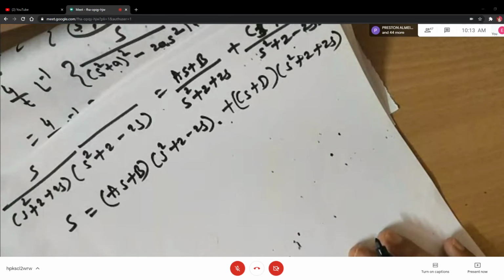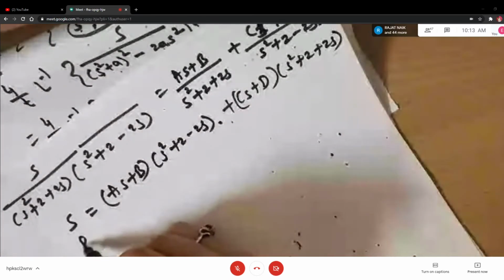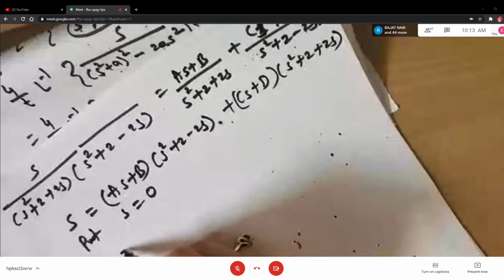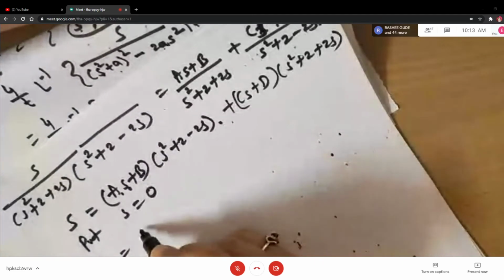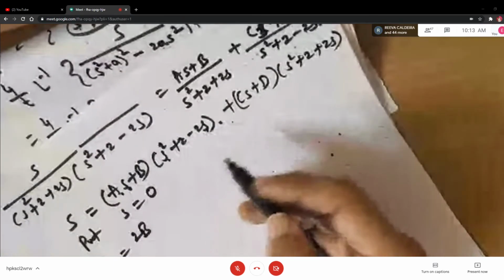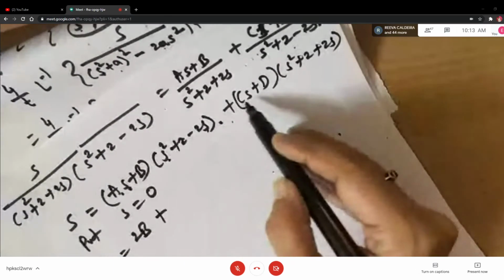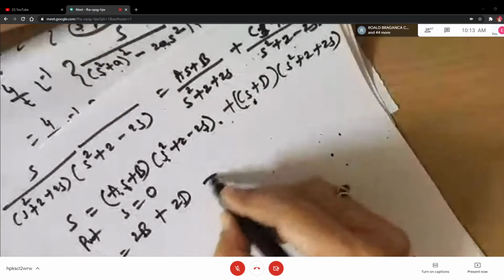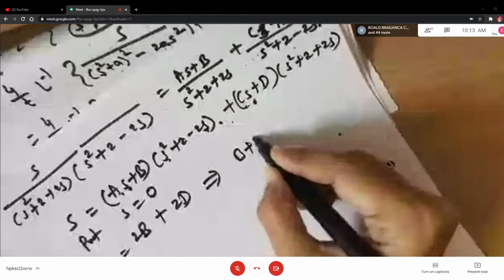That is the general method. If you put s is equal to 0 first, then see what happens. Both sides you have to put 0. So this term will be 0, b, and this will be 2 remaining, right? Because 0 minus 0. Plus the c term will be 0 and this will be 2d. This implies b plus d is equal to 0, right?